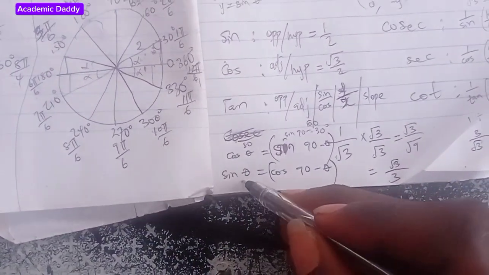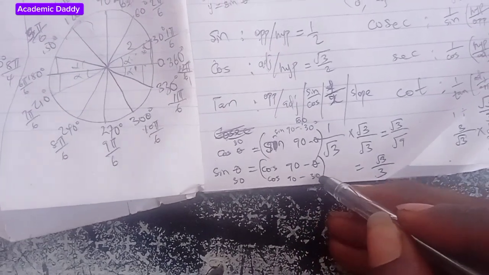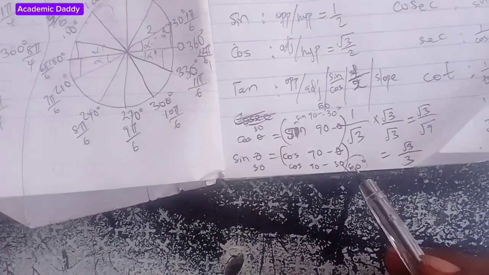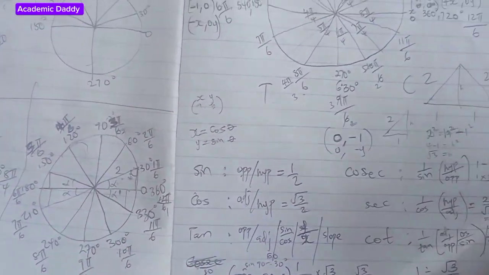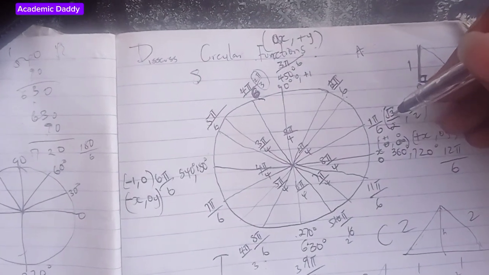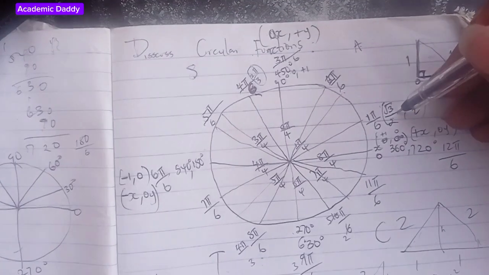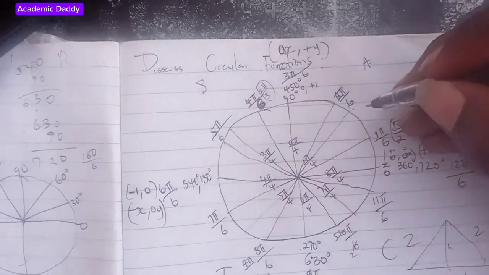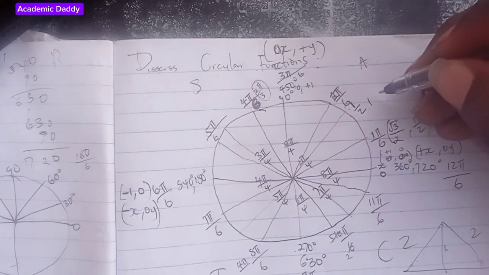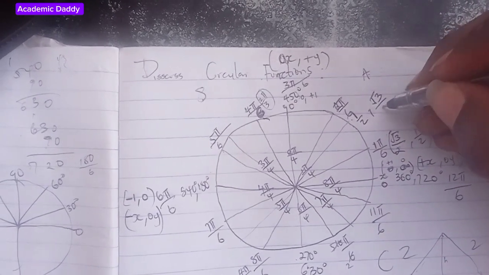So if I have, for example, sine 30, it's the same thing as saying cos 90 minus 30, which is equals to cos 60 degrees. So sine 30 is equals to cos 60 degrees. So it's more like inverse. So here where I have 30 and I have root 3 over 2 for the cos, and I have 1 over 2 for the sine, just flip it, reverse it, so that x here will be 1 over 2, and then root 3 over 2.